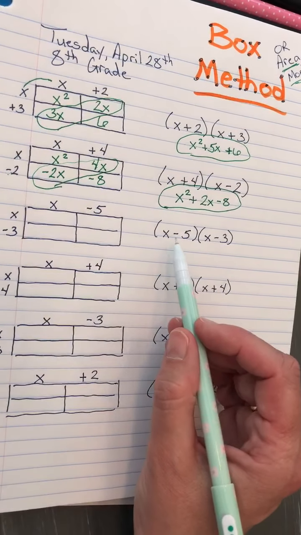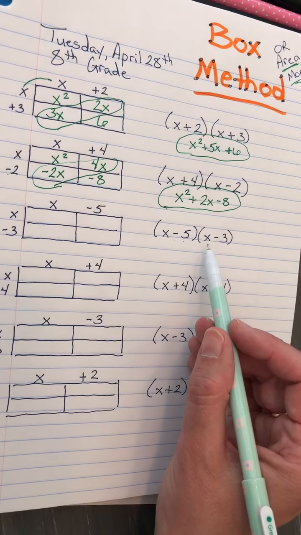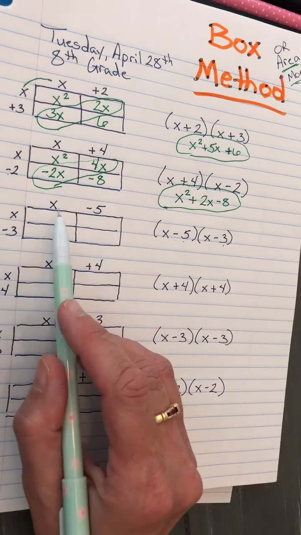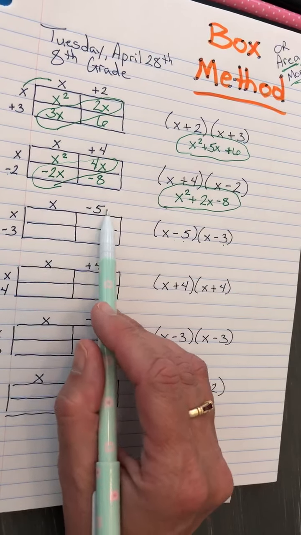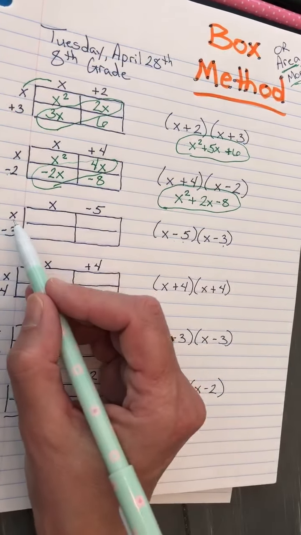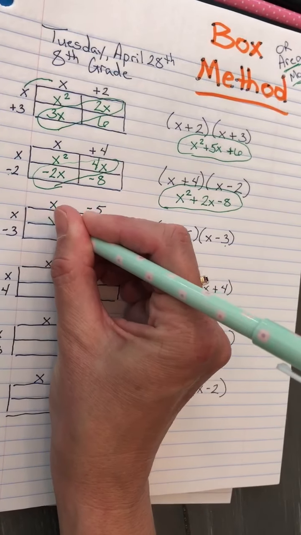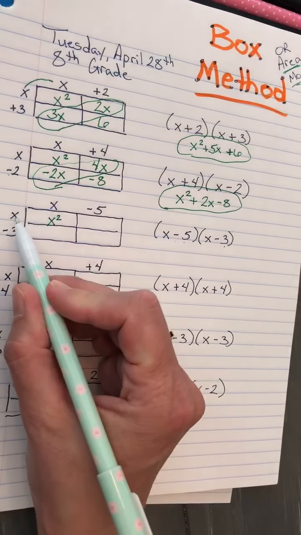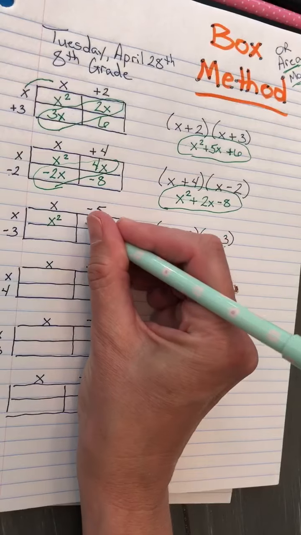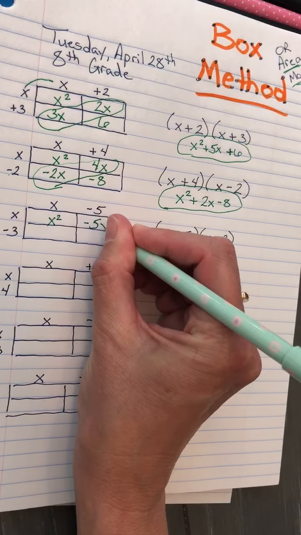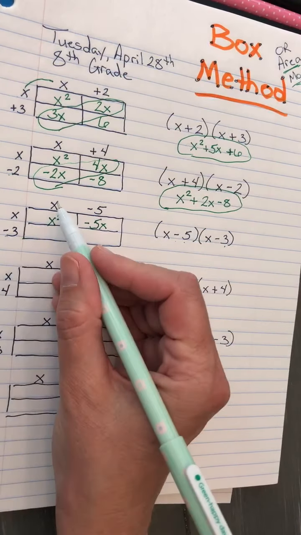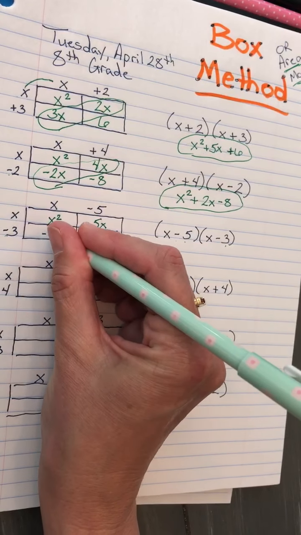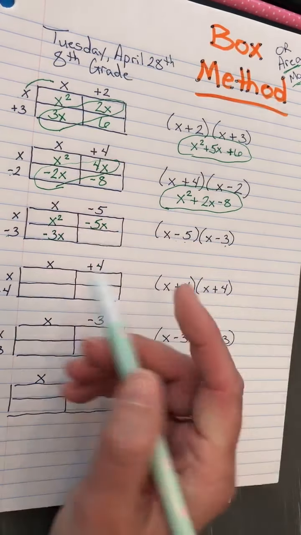Here's our next one. X minus 5 times x minus 3. So I put my terms on top and on the side. X times x, x squared. X times a negative 5, negative 5x. Negative 3 times x, negative 3x.